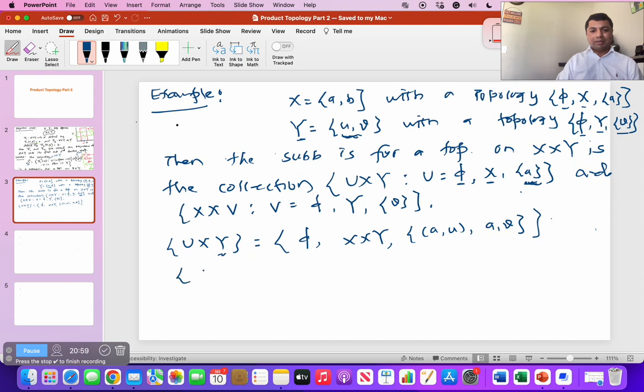The second one is X cross B, where B ranges over those three open subsets of Y.